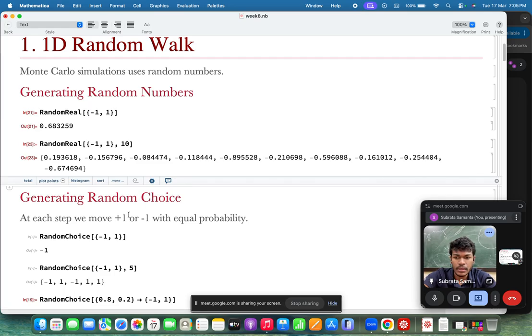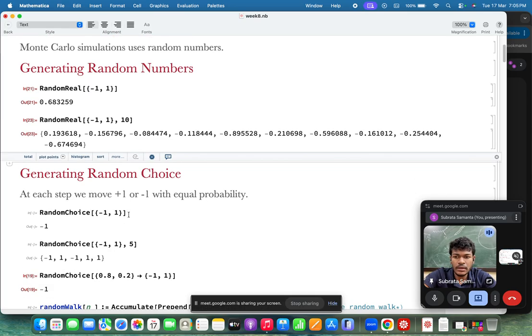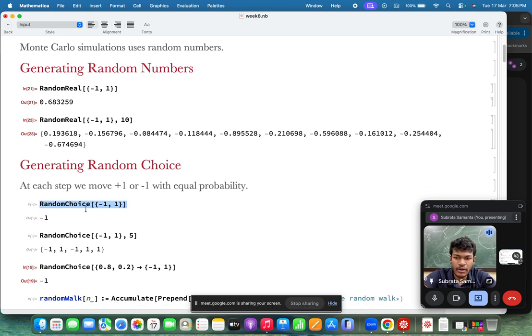We choose only one, because we have only 2 options, +1 or -1. That is why you can randomly choose -1 or +1. You just put RandomChoice, and the allowed values are -1 or +1.